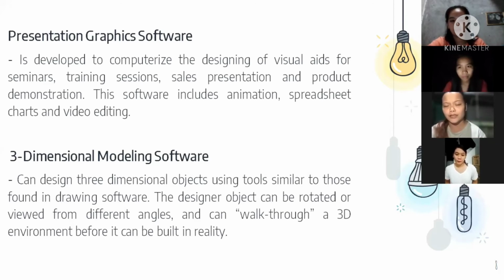Tapos for example, nagpahimo ka sang balay mo and ang gingamit sang imong architect is 3-dimensional, then makita mo ang tanan nga outcome sang imo balay bisan wala pa siya na-build, makita mo na ang outcome sang imo nga balay. Next slide please.